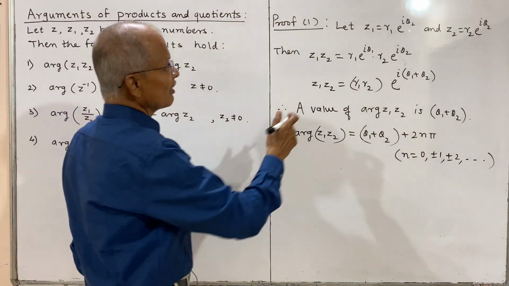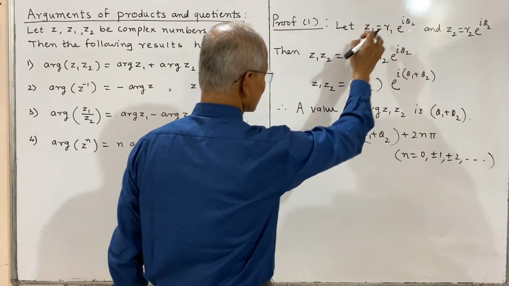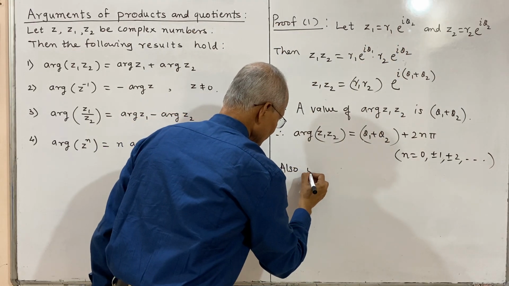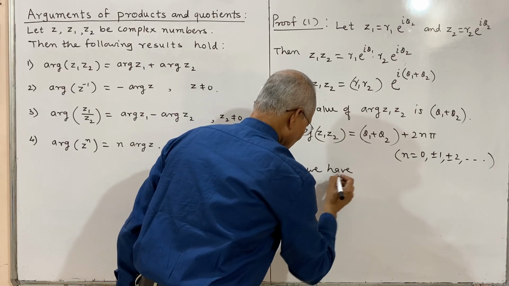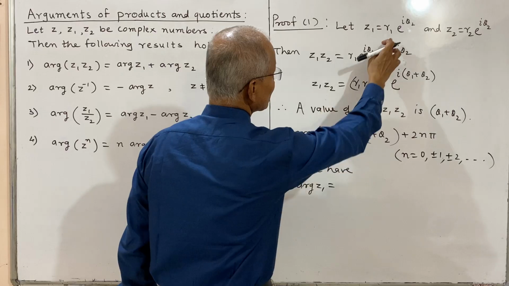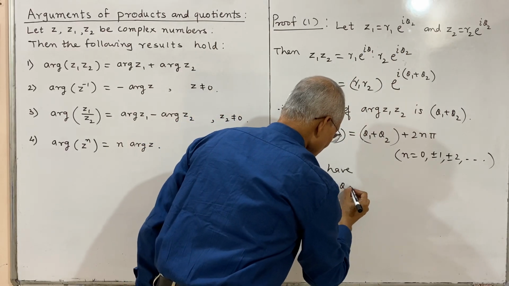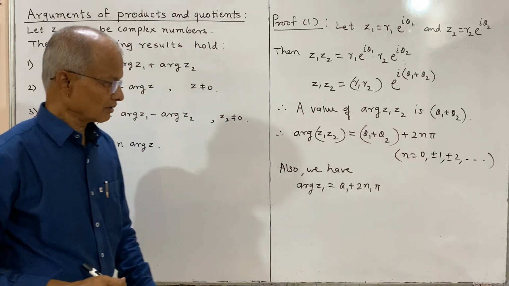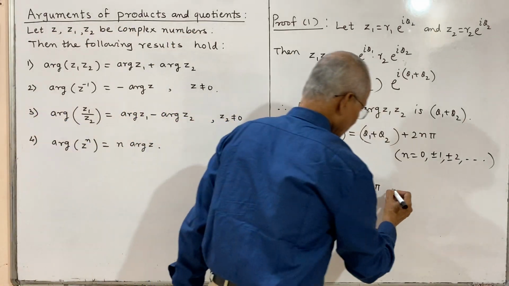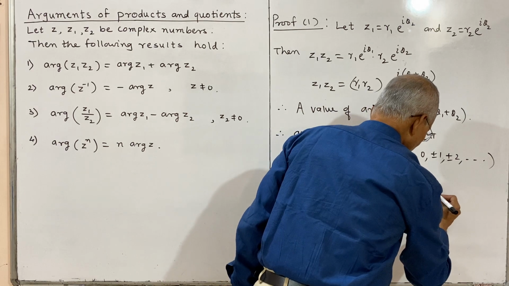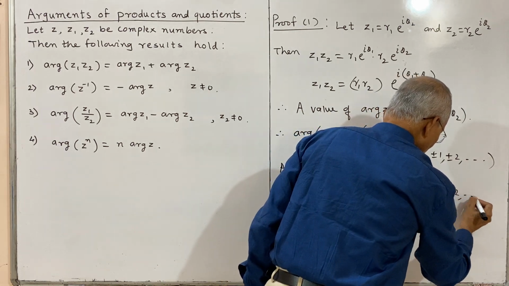Now we shall have argument of z1, from this. Also we have argument z1 is theta 1 plus 2 n1 pi, a multiple of 2 pi, where n1 is an integer.